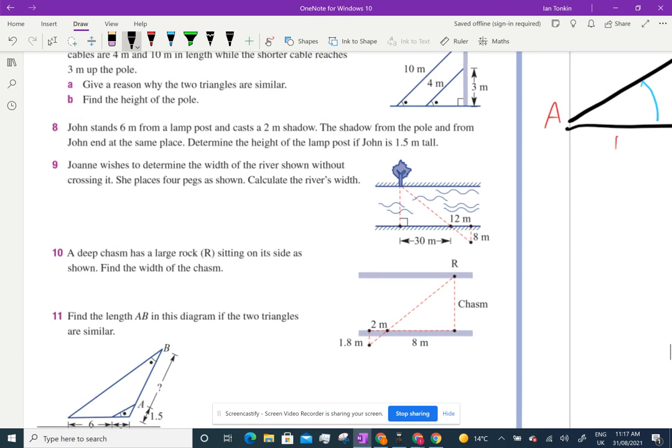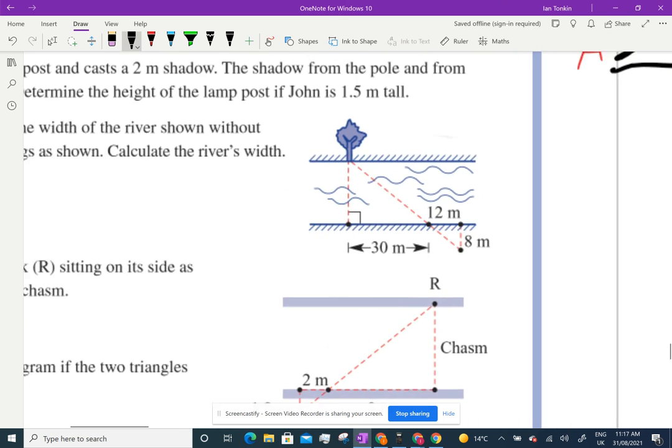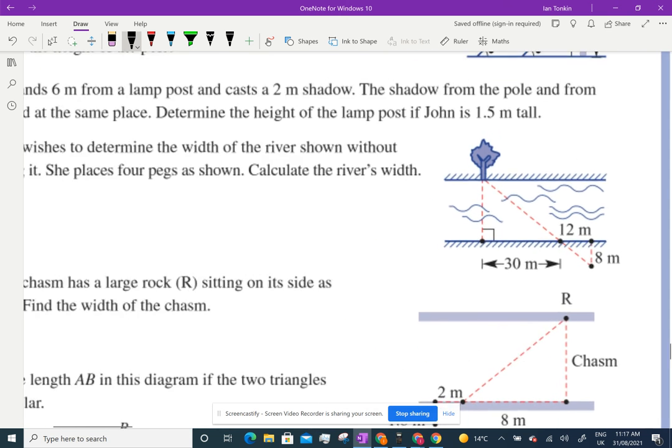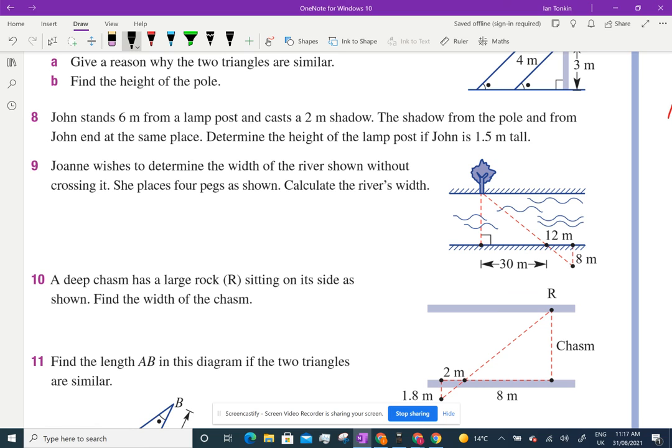I want you to have a go at 9 on your own. But think about this. Joanne wants to find the width of the river without crossing it. So she sets out 4 pegs, and she's on one side of the river, so this is common. So here you've got this triangle, and she sights a tree over the other side that she knows is directly opposite, so it's 90.